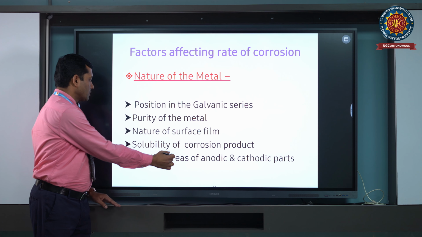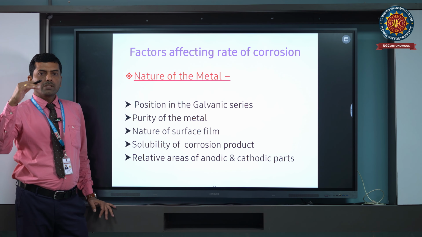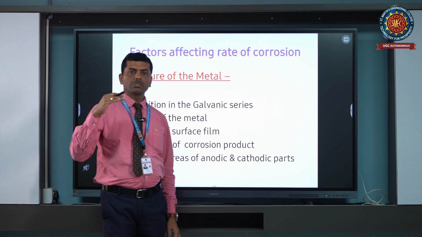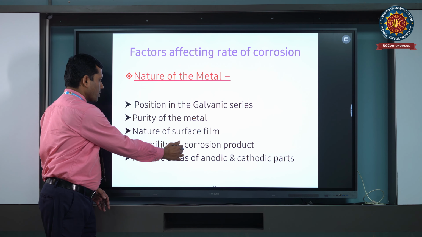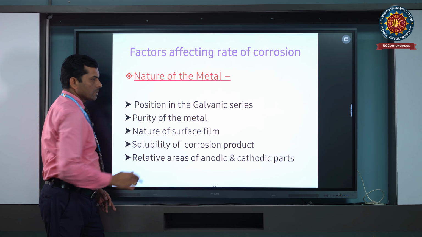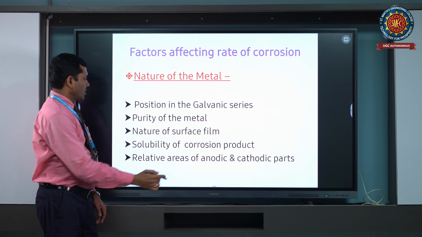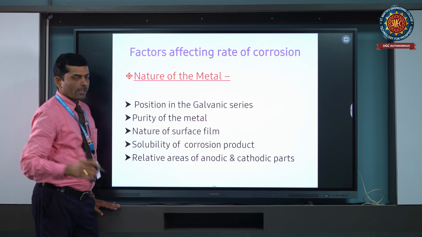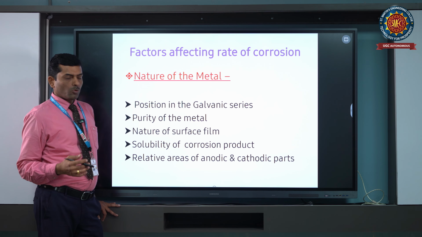That is called the oxide specific volume ratio. When these metals are exposed to oxygen or any type of moisture, the nature of the surface film decides the corrosion process. More oxide layer means it is protected, and less oxide layer means it is prone to more corrosion.